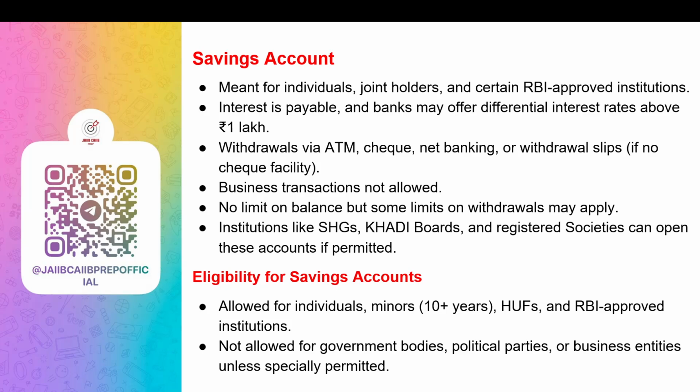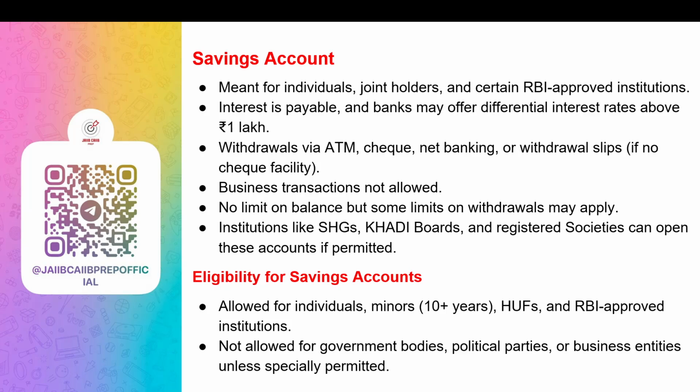Also, banks follow RBI rules for interest rate. There is differential interest which banks follow. For example, SBI may offer you different interest on savings account. ICICI Bank offers you a different rate. So this is differential interest rate.